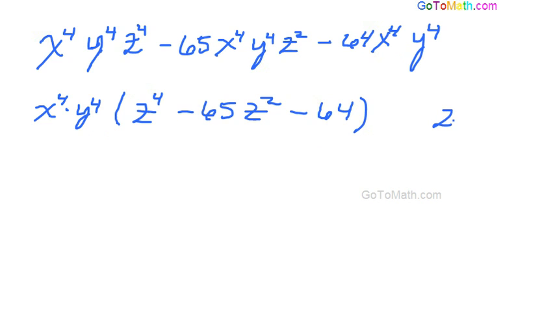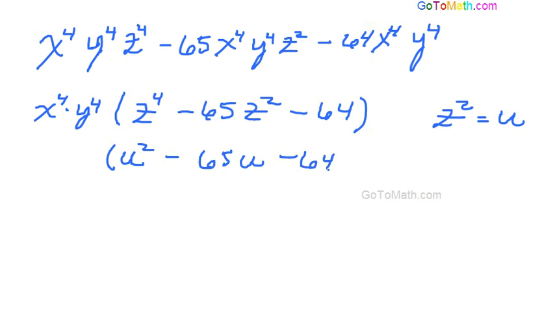So once again, we're going to have to do the substitution. We're going to let z squared equal u. Okay? So this is going to become u squared minus 65u minus 64, and then this is x to the fourth, y to the fourth.